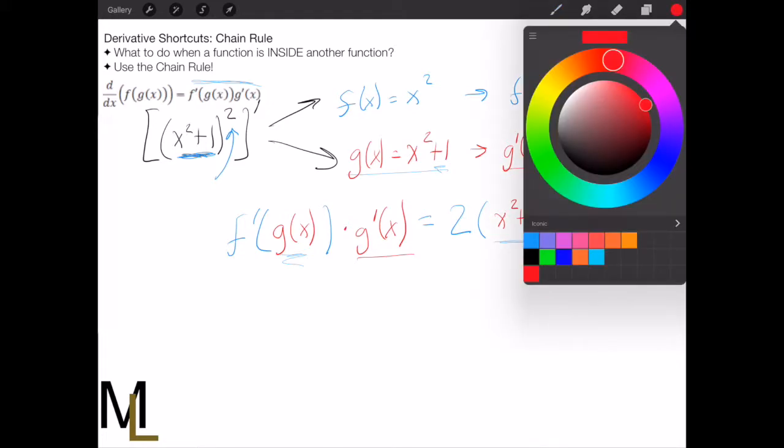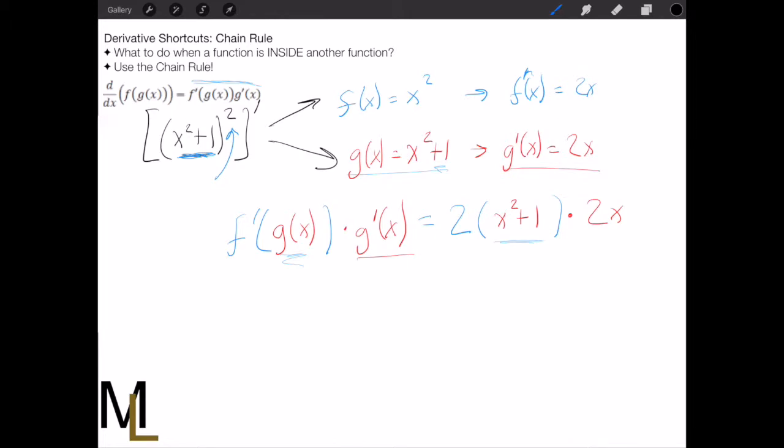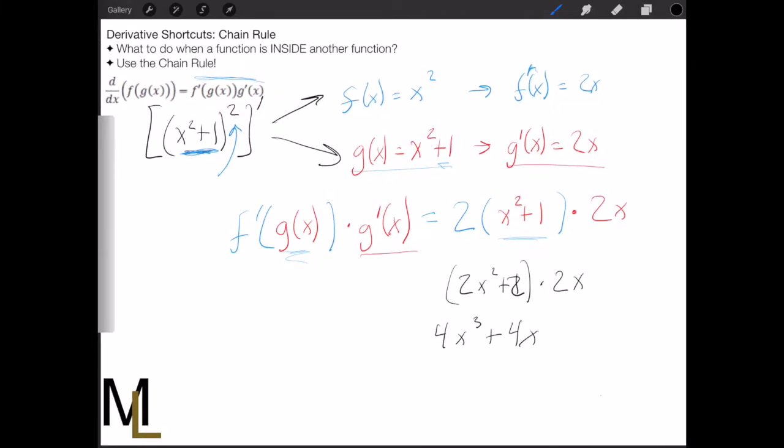So always just follow the formula, and it's going to look wacky, but then you simplify in the end. So this becomes 2 times x squared plus 1, times 2x. So now we get 4x cubed plus 4x. Okay, problem solved. So you can see the key to these is figuring out exactly what are the inner and the outer functions. So we'll go over that in the next video.